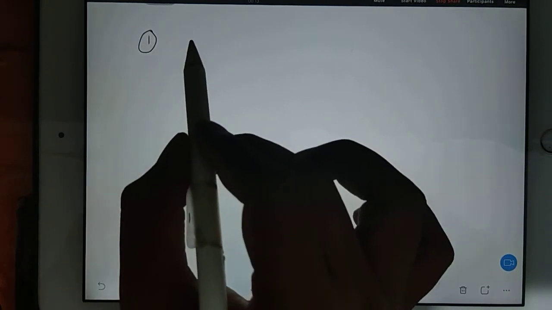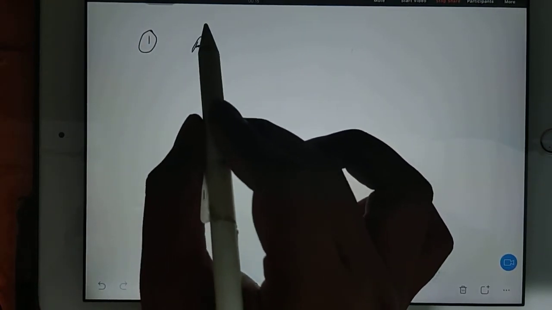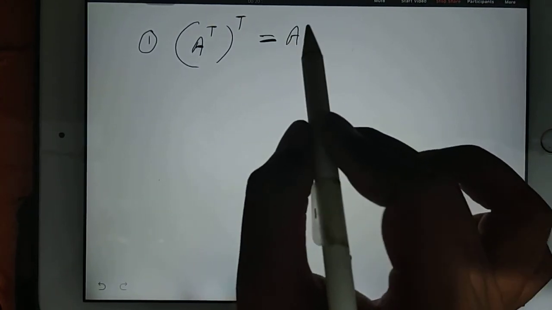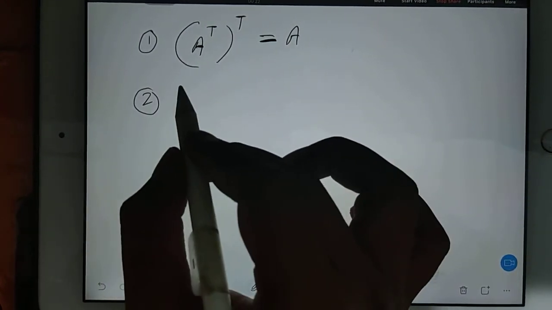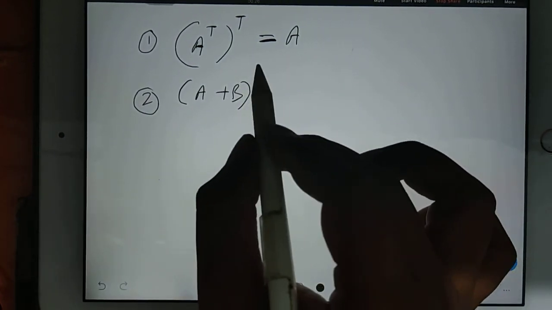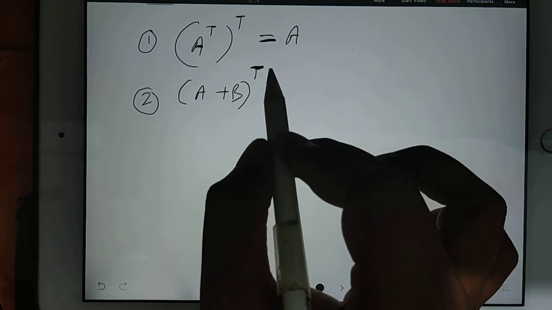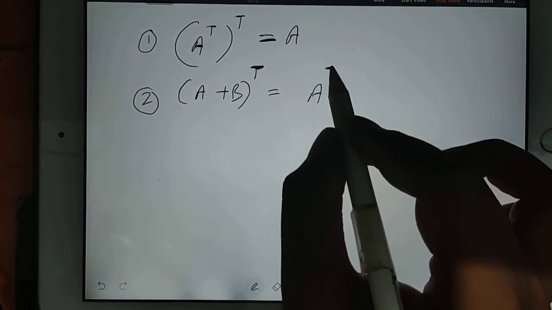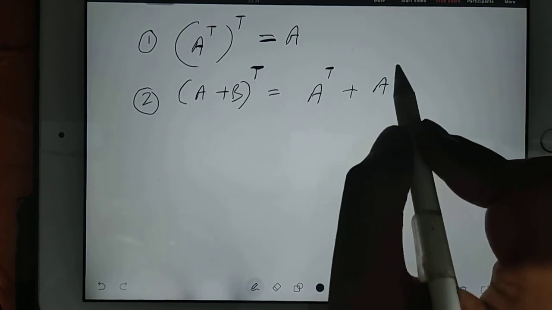So the first property was, if you have a matrix and take the transpose 2 times, then you'll get the same matrix. And the second property is, if you have 2 matrices and you have added both matrices and then you take the transpose, then it will be equal to the transpose of the individual matrices added together.